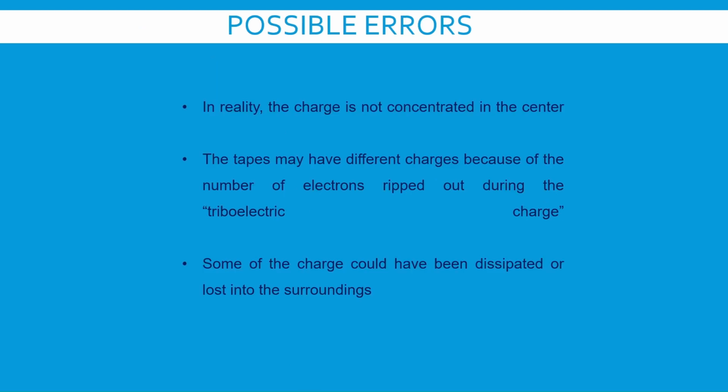Some possible sources of error were that in reality the charge is not concentrated in the center; it is distributed along the tape. Also, the tapes may have different charges because of the number of electrons ripped out during the triboelectric charging, and some of the charge could have been dissipated or lost into the surroundings or onto us while manipulating them.